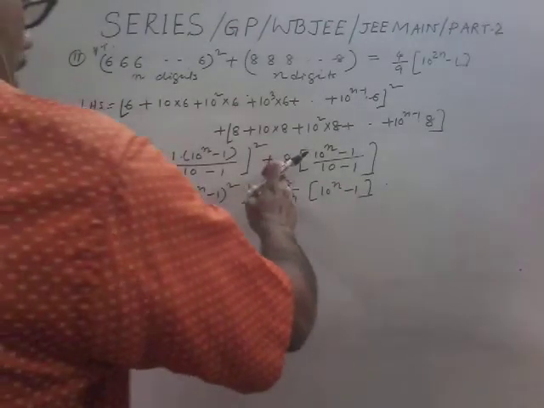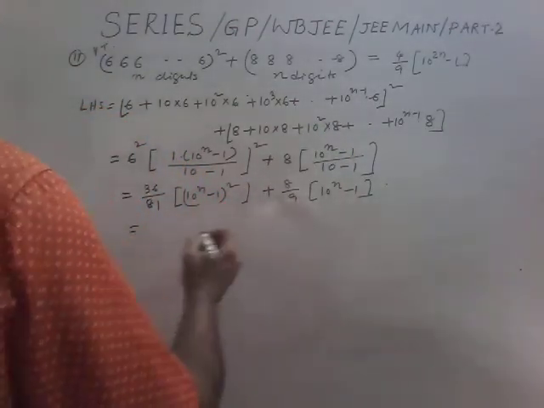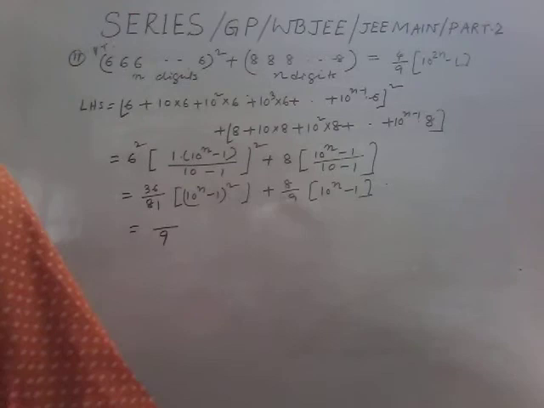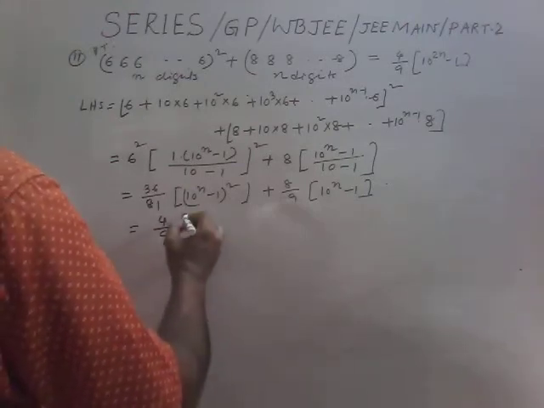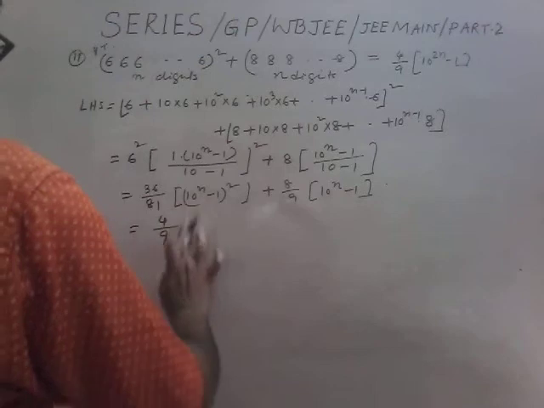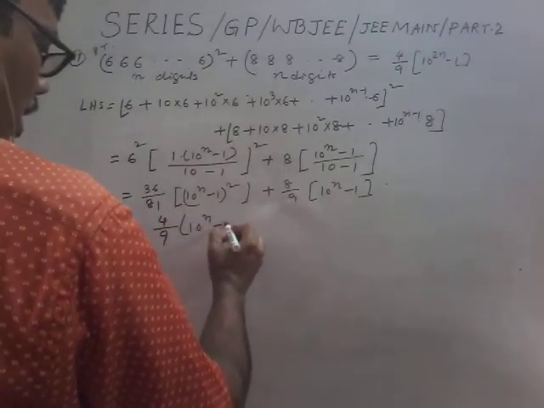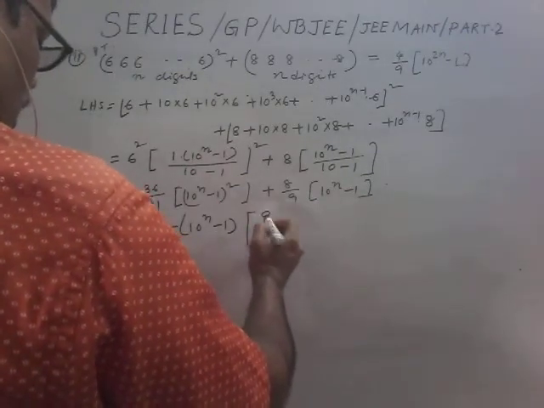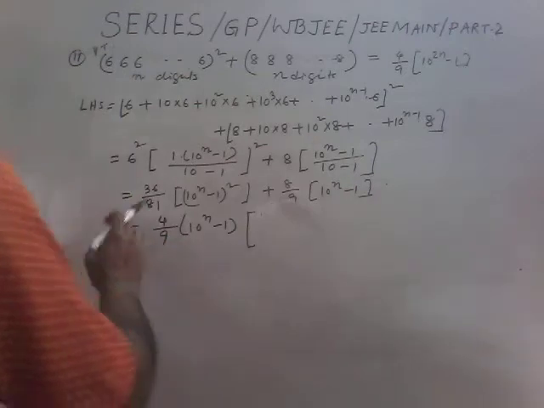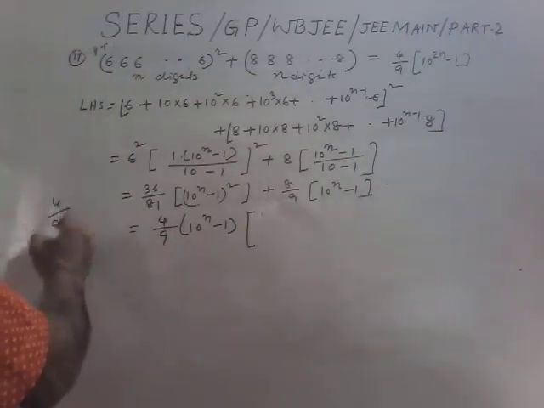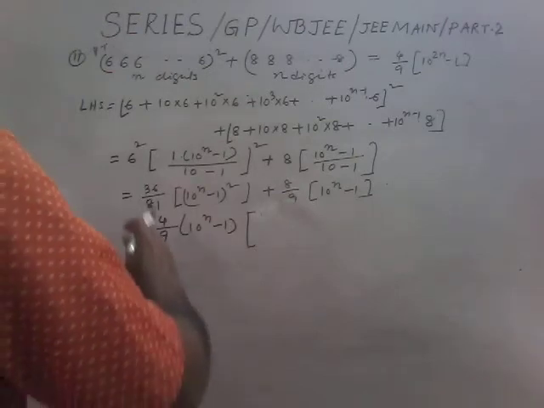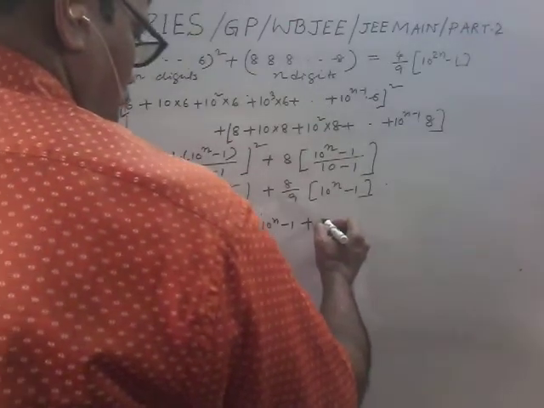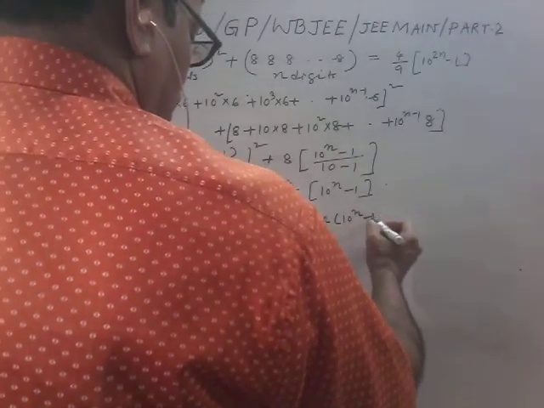So 9 common, and this is 36, 4 by 9 common, 4 by 9 into (10 to the power n minus 1) common. Actually it is 4 by 9. So 4 by 9 common, (10 to the power n minus 1) plus 2 into (10 to the power n minus 1).